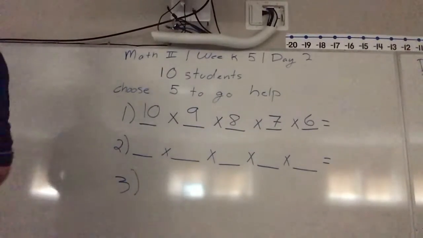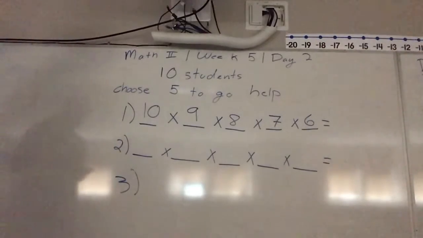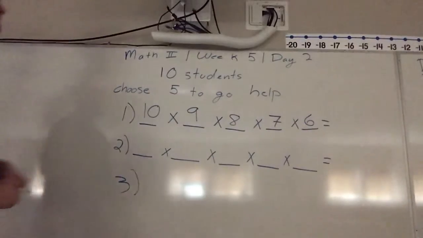And if we multiply that all out, we are going to get 10 times 9 times 8 times 7 times 6, which is 30,240.